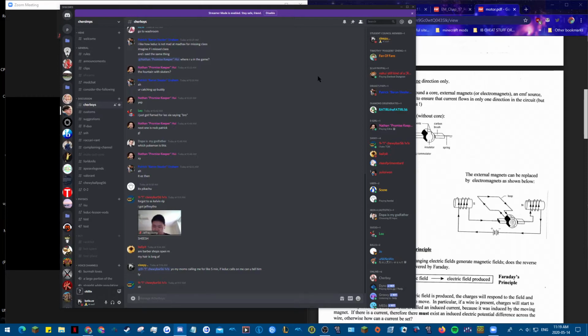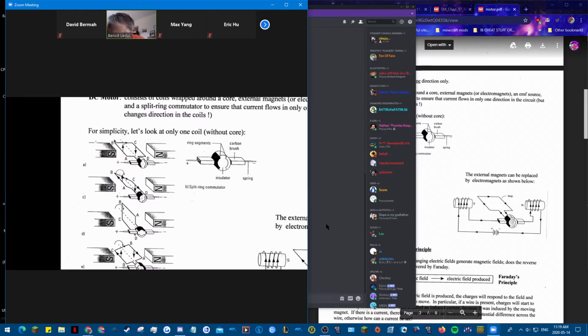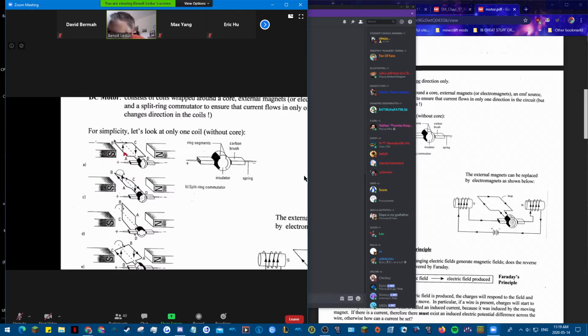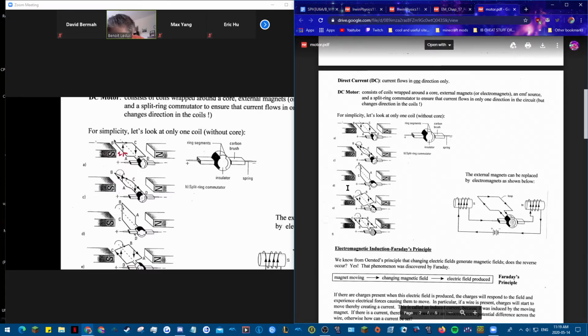So the current is going from A. Whoa, this is big. So the current is going this way. All right, this is the direction of the current right here.